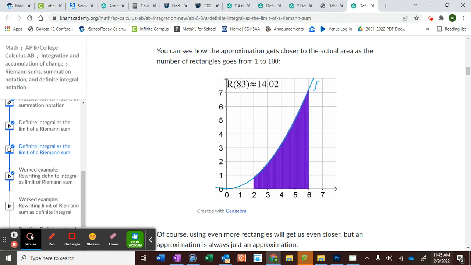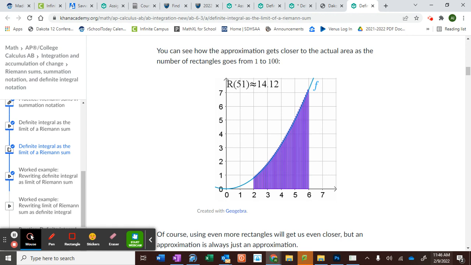Because if we start with, and if I could pause this, we'll get to it in a second. We start with one rectangle, but really we'd start with like 4 rectangles, and then we'd make 8 rectangles, and then 16, and then so on. And then as we get n higher, it's a better approximation.